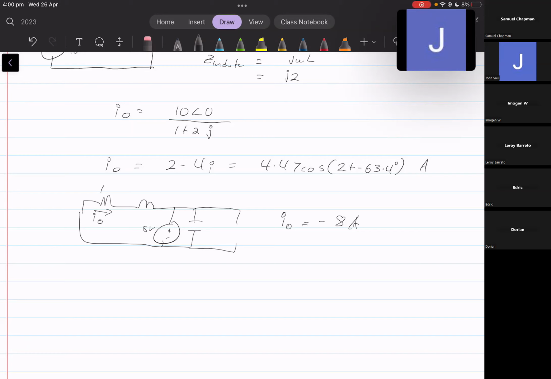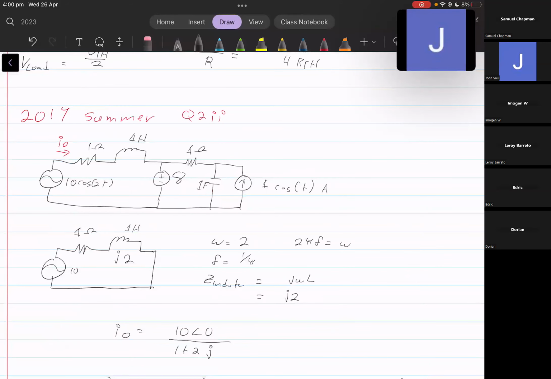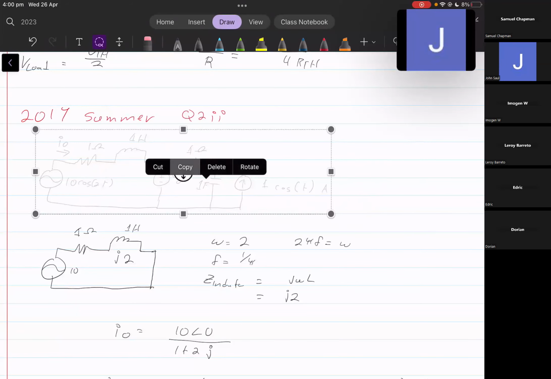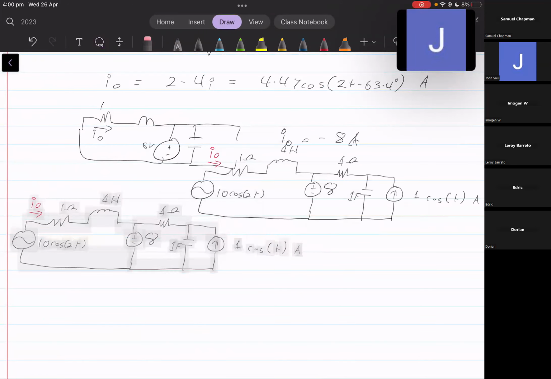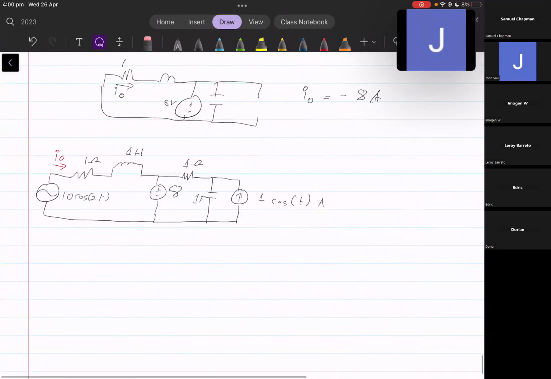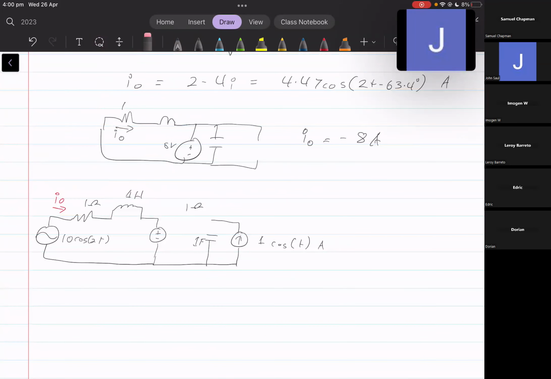What happens when only the source is on? Yeah, of course. If you want me to just finish this example, I'm happy to. So we will disable the other two sources. This is going to become a short circuit, and so will this one.